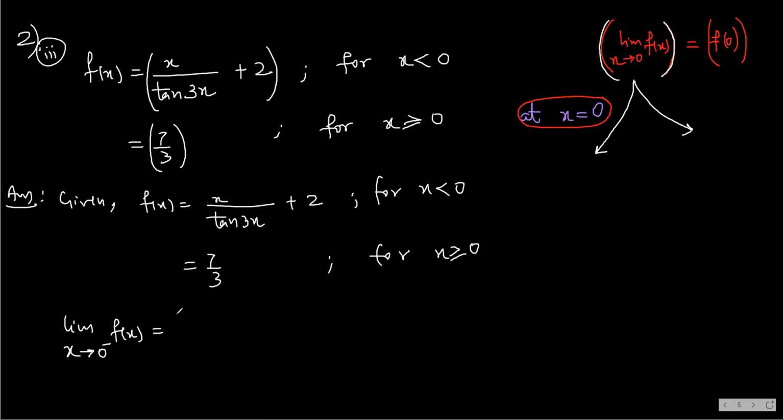When x is approaching 0 from the left, x is less than 0. For x less than 0, the function is x upon tan 3x plus 2. Now I will write a separate limit here.